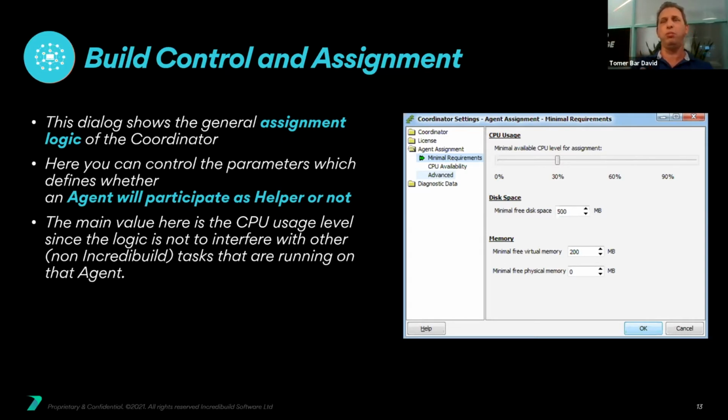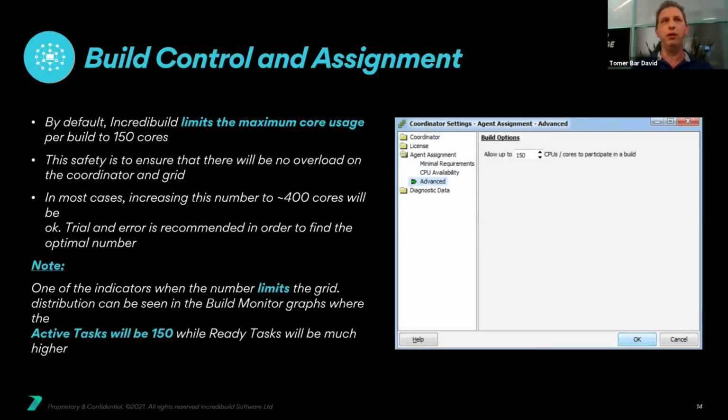If the machine is so busy, there is no point to use it as a helper. It's only going to make maybe some damage or not a good overall experience for the build. So this is the logic for the coordinator to choose the helper.